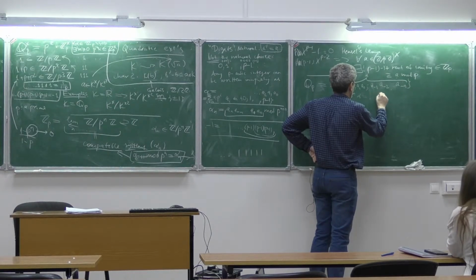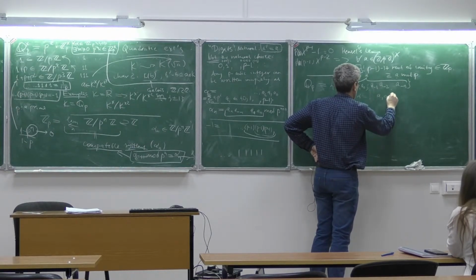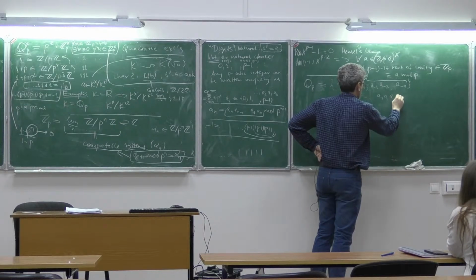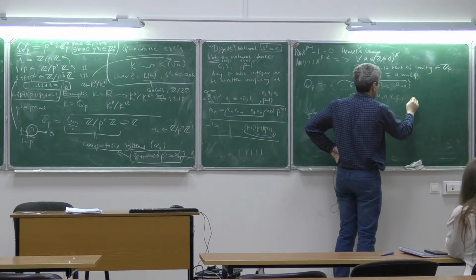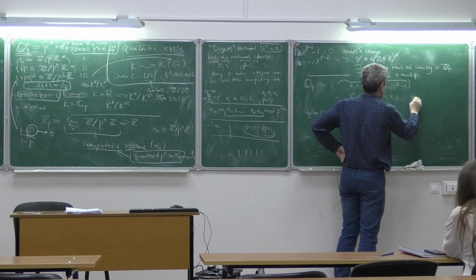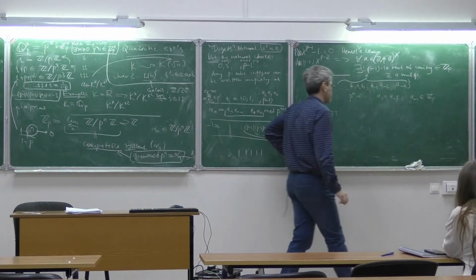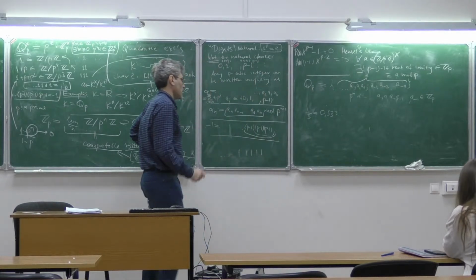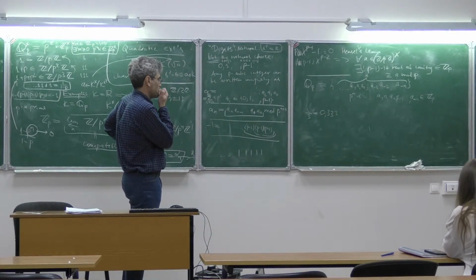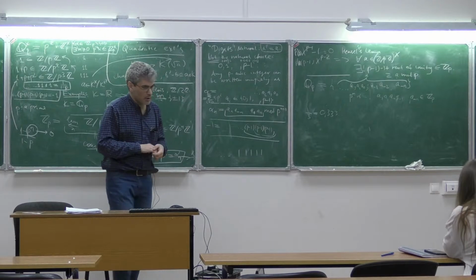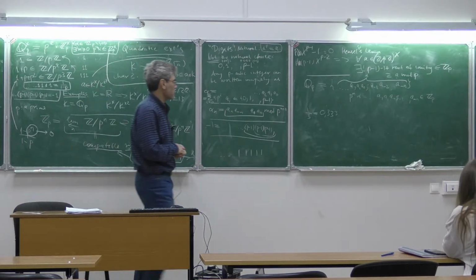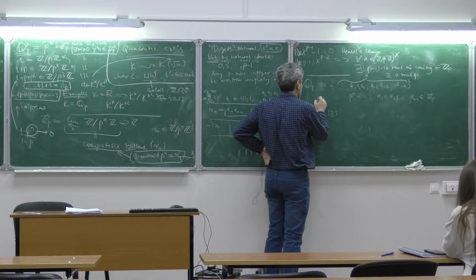So this will be a_2, a_1, a_0 without the comma, then a_{-1} and so on, up to a_{-n}. So it is an integer. All right, and so the claim is that this is a field.